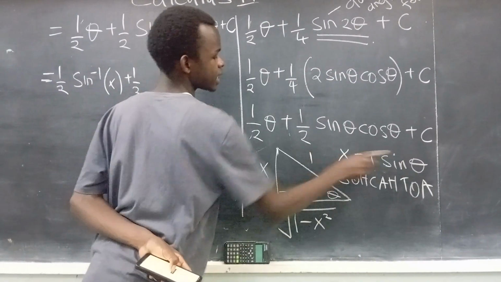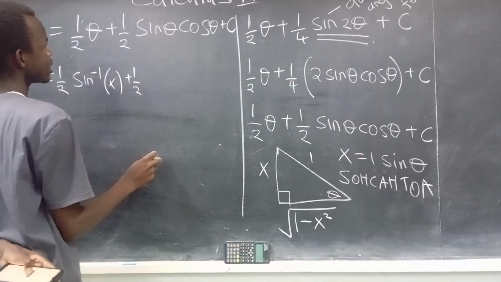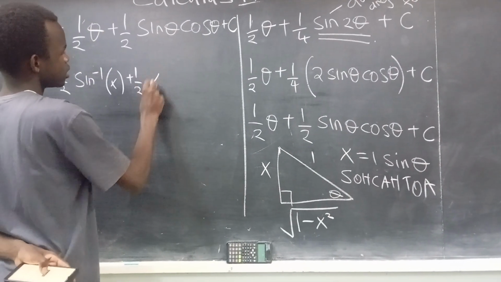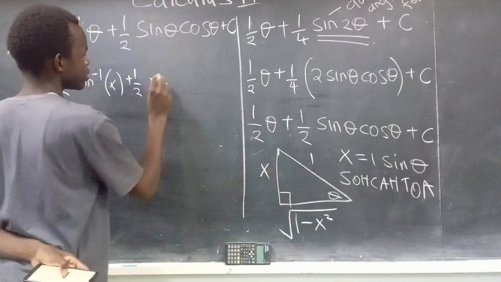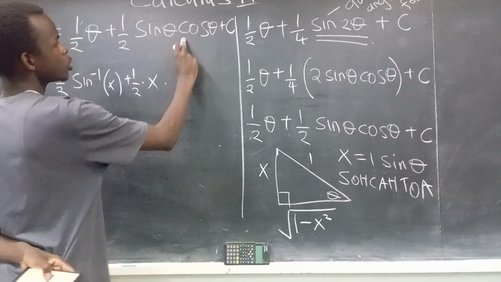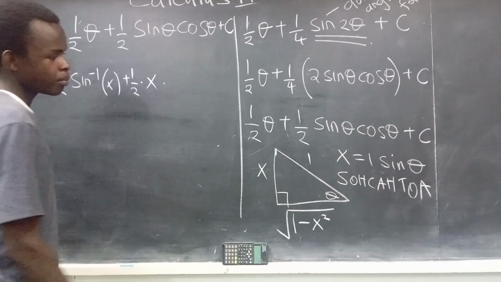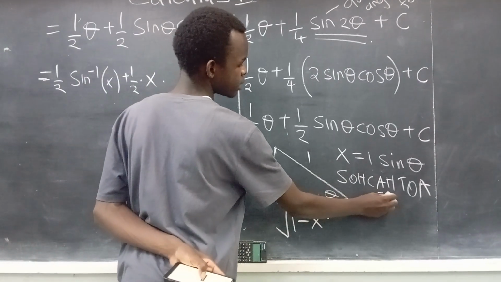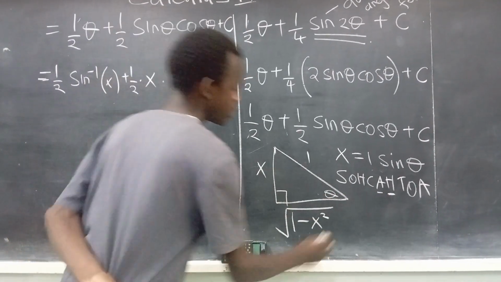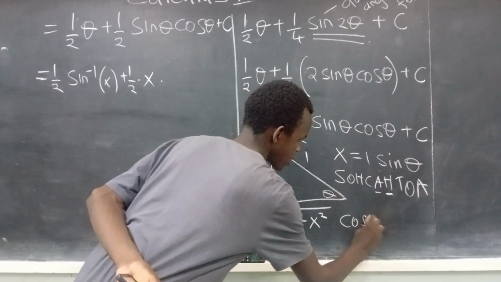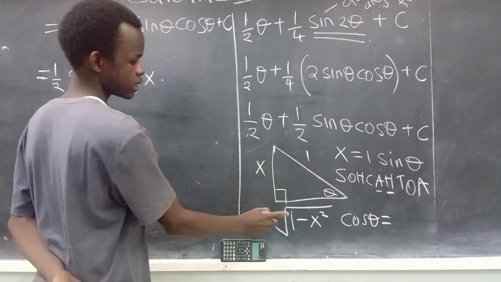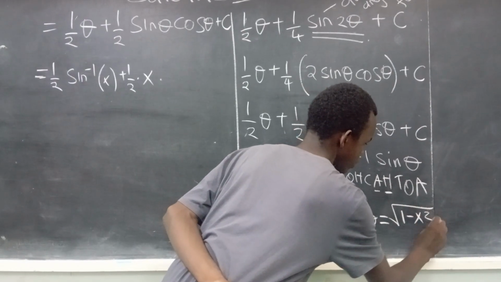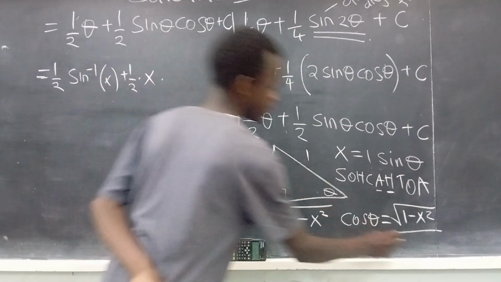My sine theta is x. It's just x divided by 1, but I won't write that, so I'll just write x multiplied by, what's my cos theta? My cos theta from here is adjacent divided by hypotenuse. So my adjacent is the square root of 1 minus x squared, divided by my hypotenuse 1.